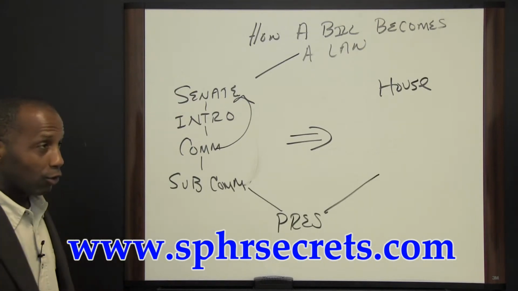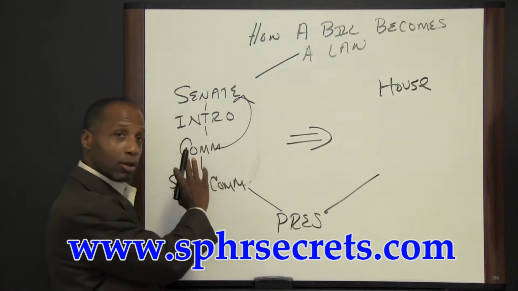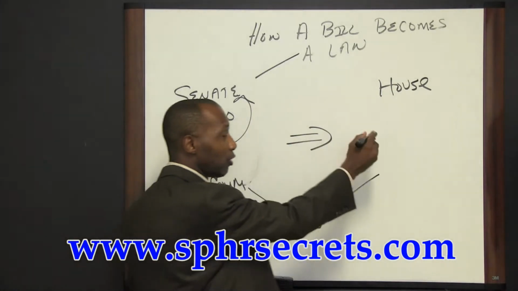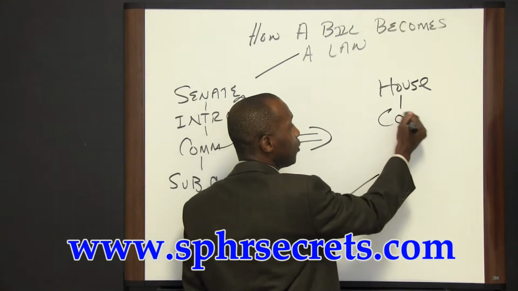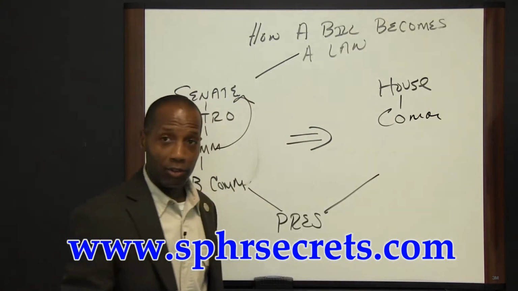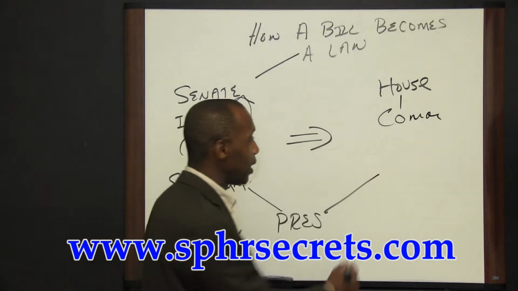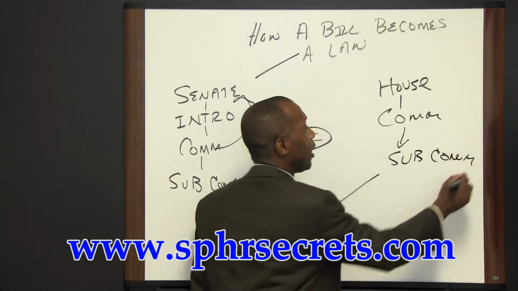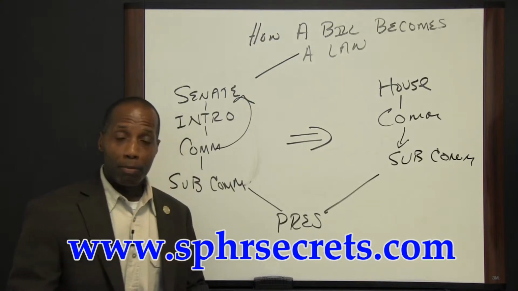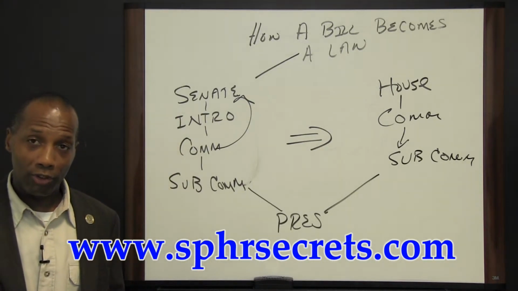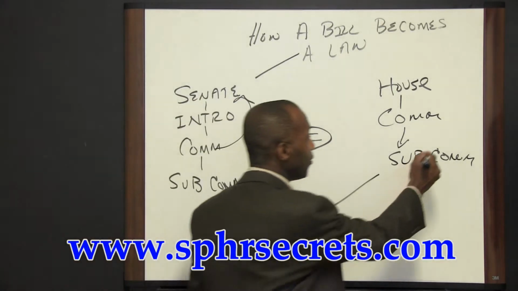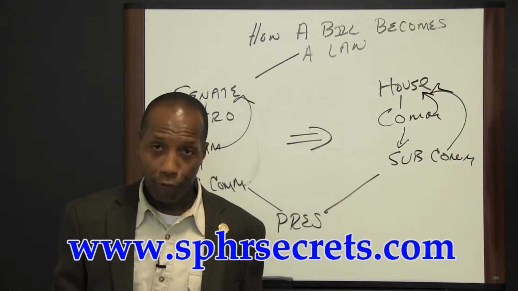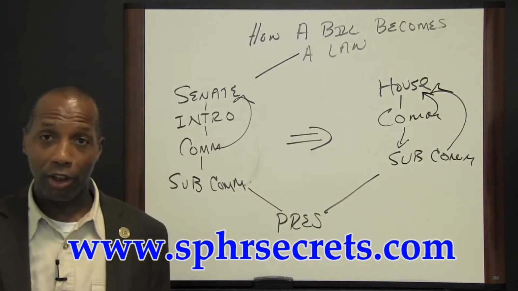So let's say the bill passes the Senate floor debate, gets a majority, and is sent to the House. The committee procedure starts over again: it's introduced in the House, it goes to a committee, and then to a subcommittee, and then if it passes the evaluation of the subcommittee and the committee, it then goes to the full House for debate and consideration.